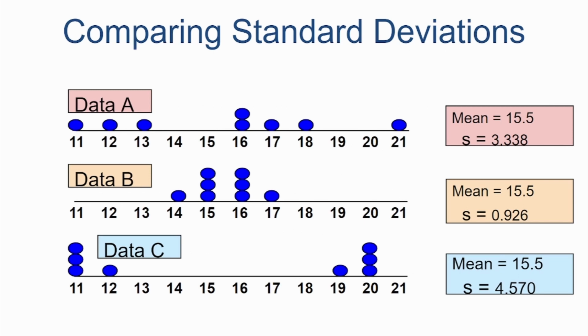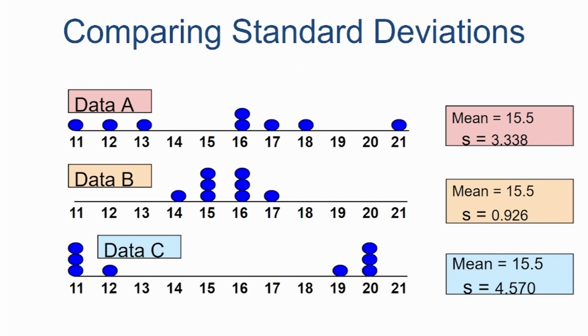Okay, let us check from this example. All of these data have similar means. Please understand this, you can check it, but they have different standard deviations. As you can see, at point B the standard deviation is 0.926, which makes it near to the mean.